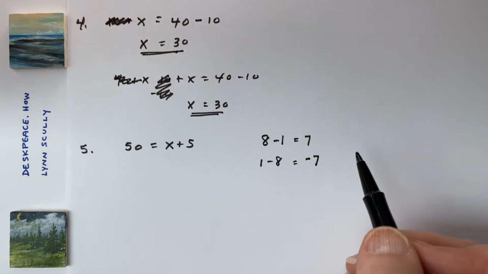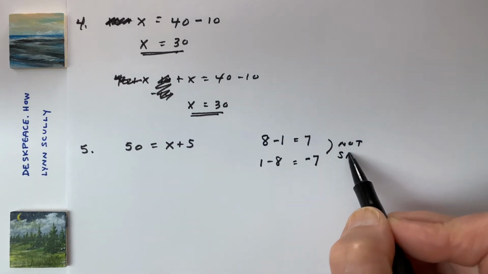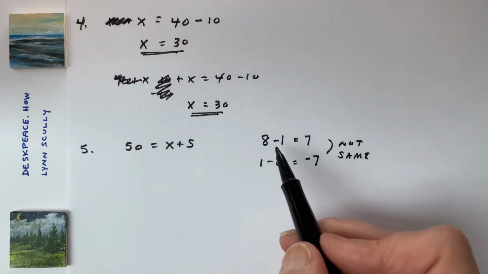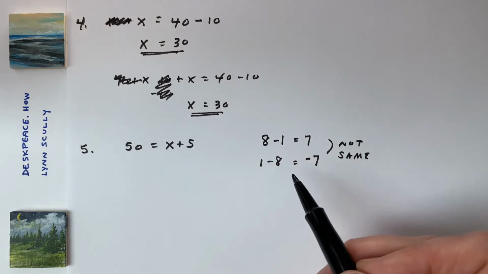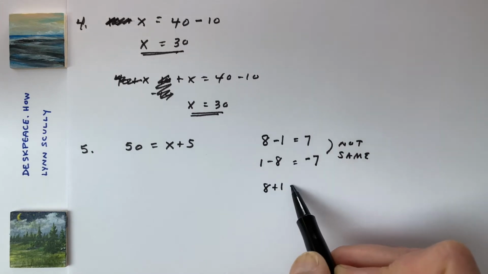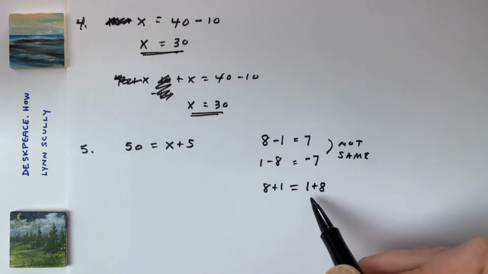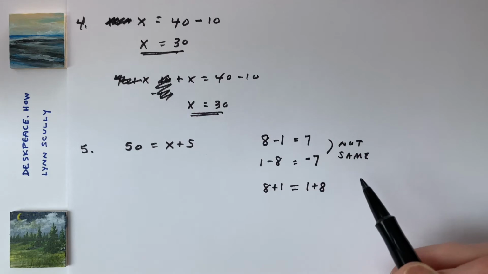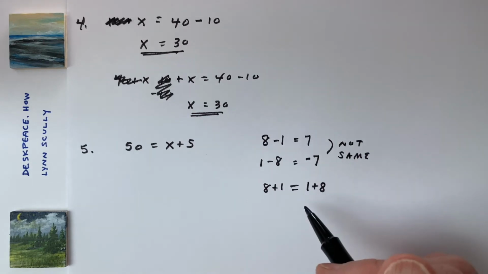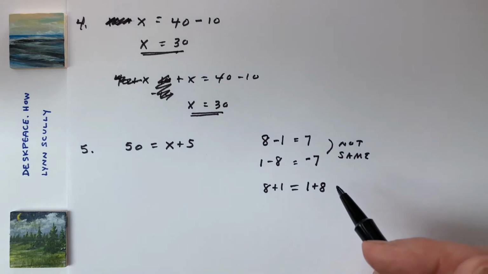These are not the same. Whereas 8 plus 1 is absolutely the same as 1 plus 8. That is called commutative. Addition and multiplication, the order doesn't matter, but subtraction and division, we're going to get to, really does.